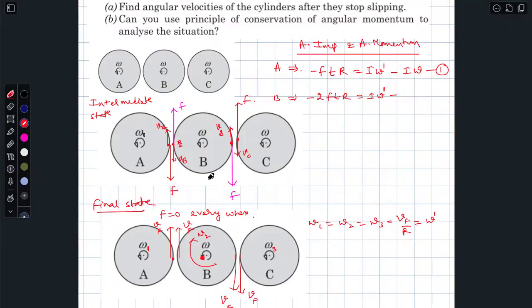So anti-clockwise plus. Now, this is plus I omega dash minus the initial minus I omega, no? Equation 2. Right. So with this, I can use equation 1 and 2 to confirm I omega dash minus I omega into 2 is I omega dash plus I omega. This will become I omega dash is 3I omega.